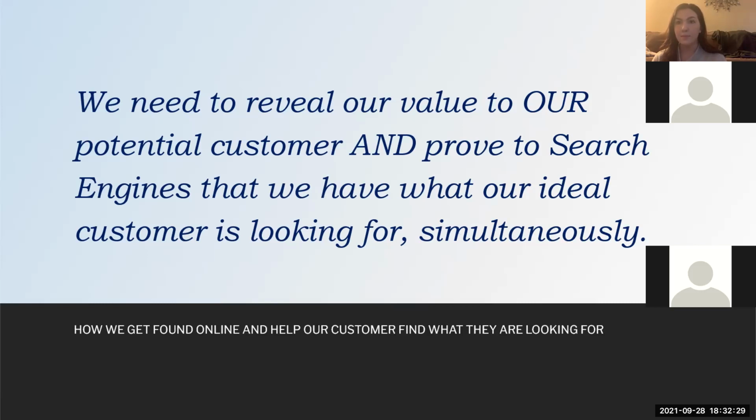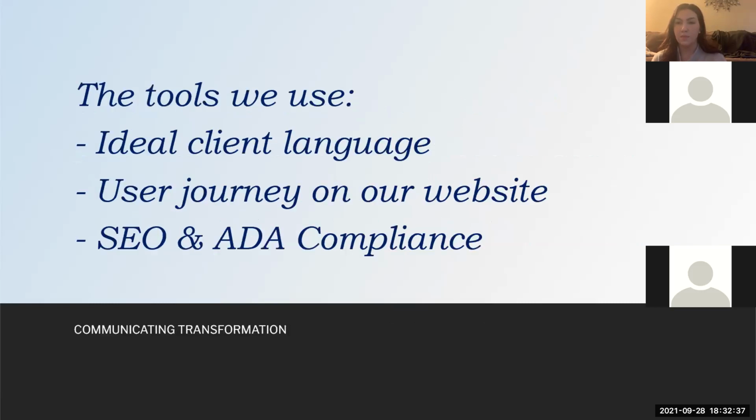Okay, so we need to reveal our value to our potential customers and to the search engines. That's what I was just saying. Okay, so the tools that we need to use: ideal client language, user journey on our website, and search engine optimization and ADA compliance. So all of these things work together.